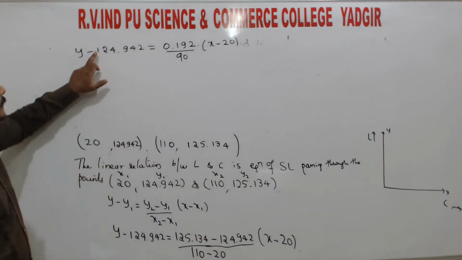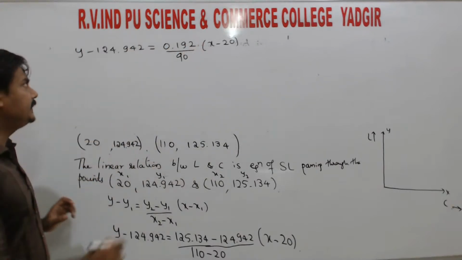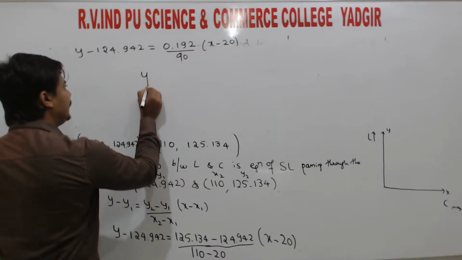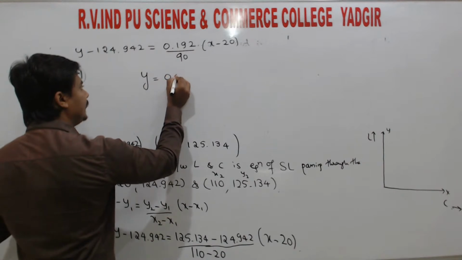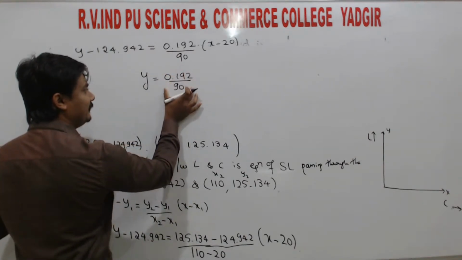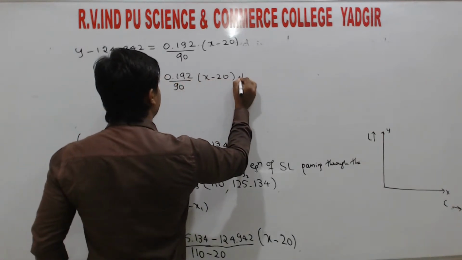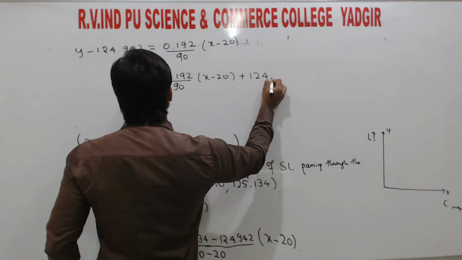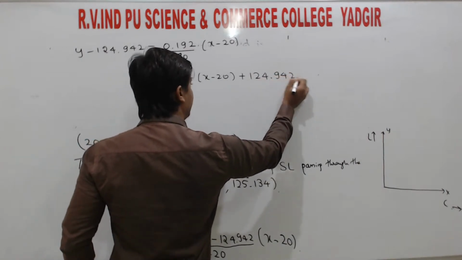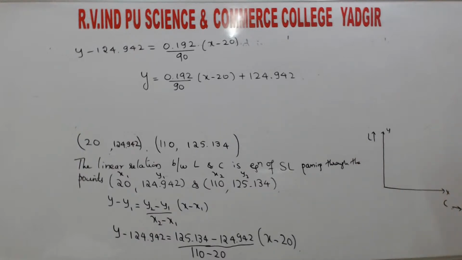So I will take this minus 124.942 to the right side. So I get y equals 0.192 upon 90, if you want, you can simplify it, into x minus 20 plus 124.942. Okay, now keenly observe, children.